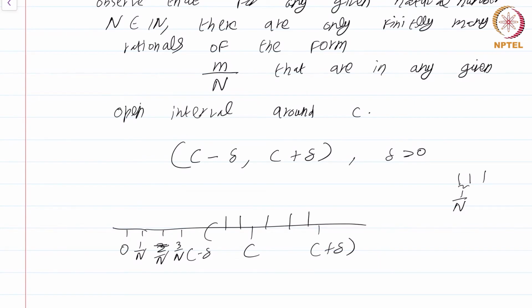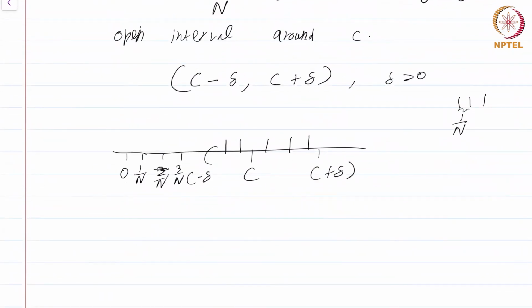And these will correspond to the various numbers of the form M by capital N that are in this interval (C minus delta, C plus delta). So I leave it as an easy exercise to make this intuition precise.